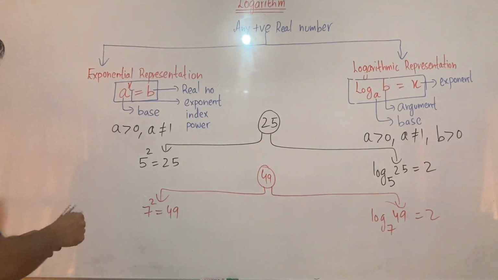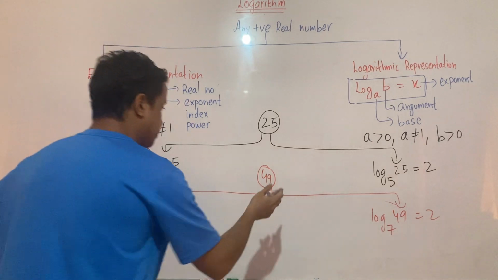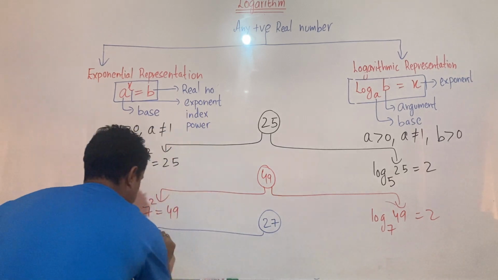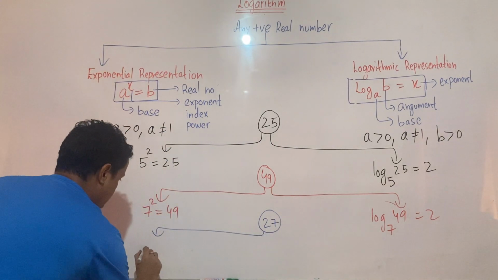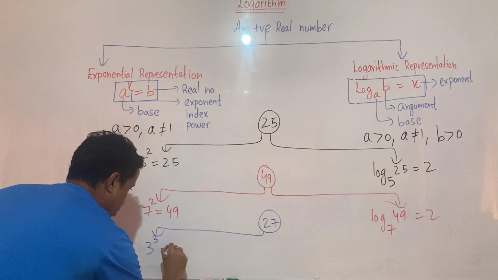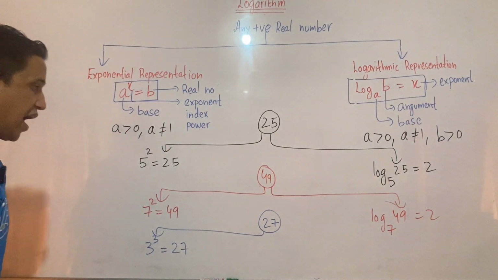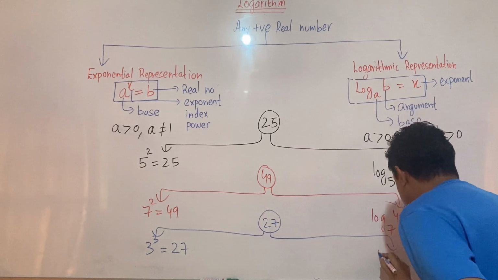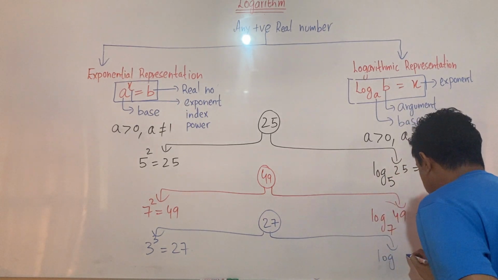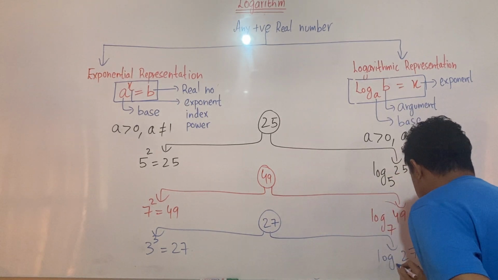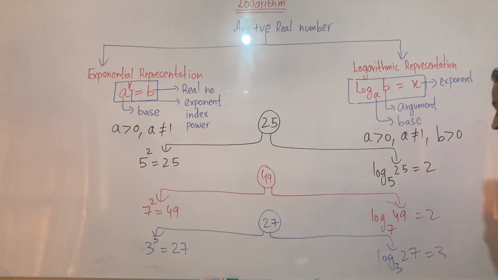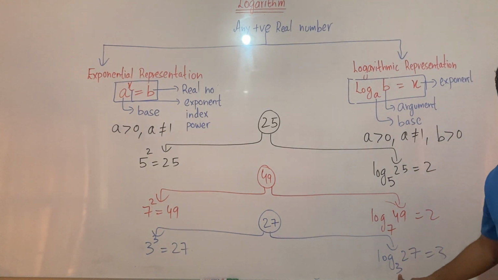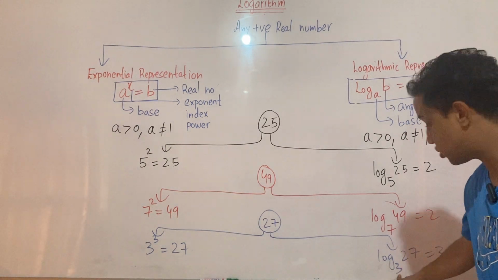You can take any other example, for example 27. 27 can be represented as 3 cube, and the logarithmic representation would be log 27 to base 3, which is 3. It means to what exponent 3 must be raised so that your answer is 27.